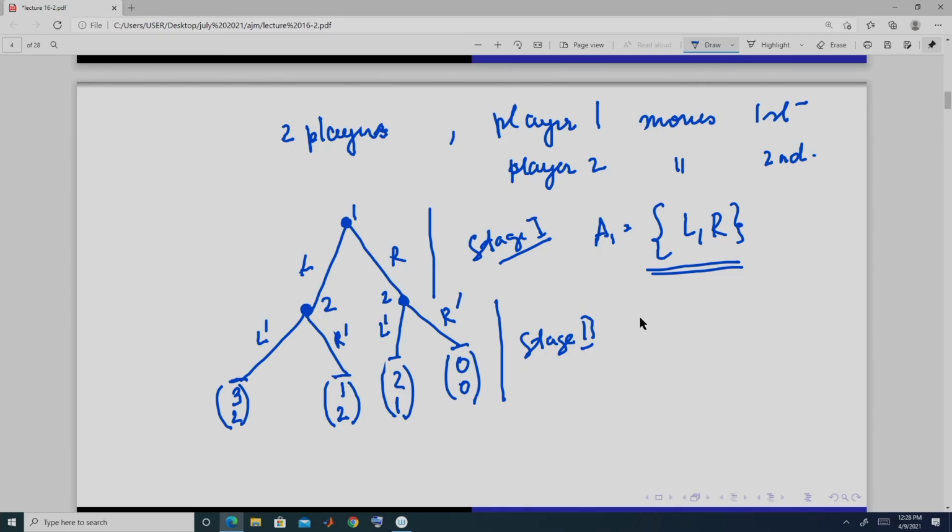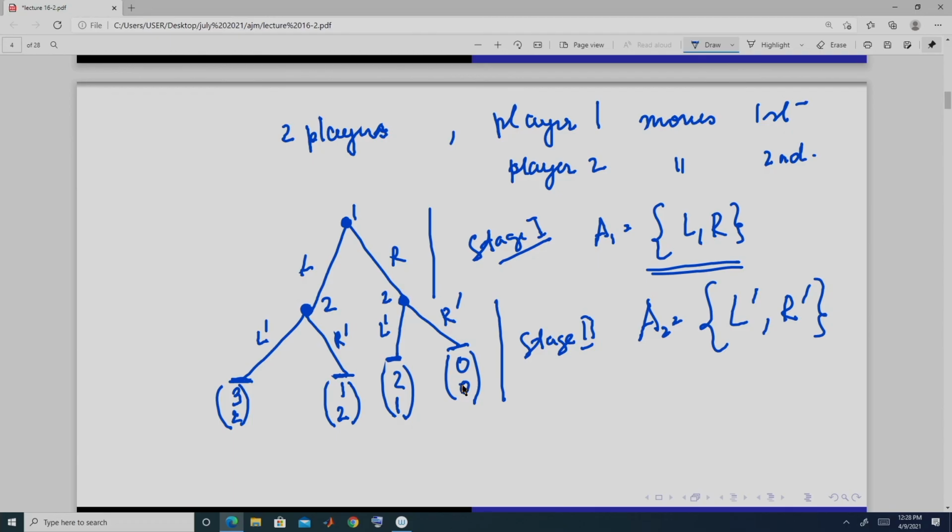Here player 2's set of actions is L dash and R dash. It is the same in each situation or contingency. And these are the payoffs. In this tree, the first element is the payoff of player 1 and the second element is the payoff of player 2. This is a terminal node, and in the terminal node we specify the payoffs.